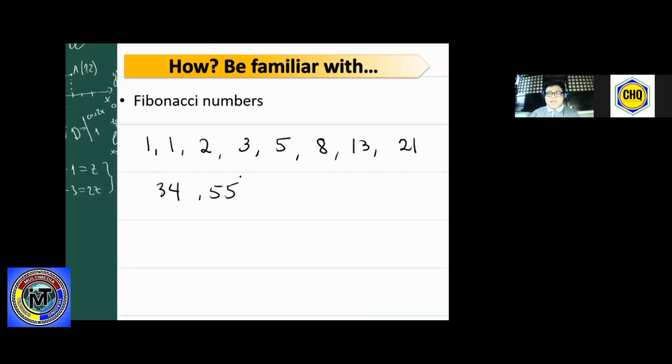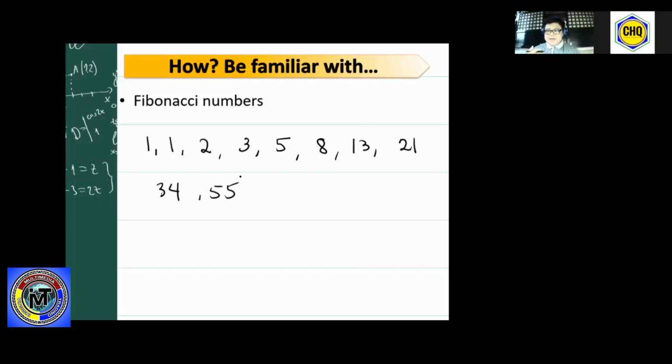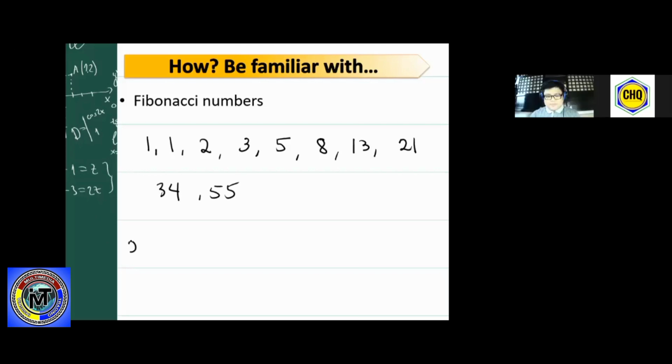So what else? Fibonacci-like sequences. These are where you add the two previous terms. So 1 plus 1. You can start with 2. Then you can start with 6. These are Fibonacci-like numbers.